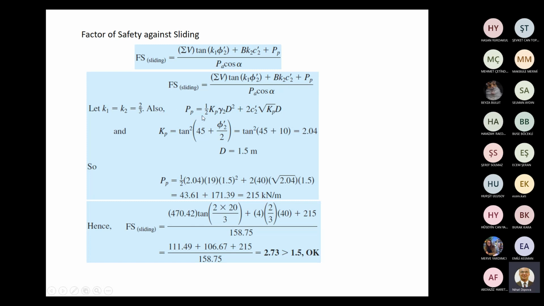Yes, we have to determine passive pressure using this equation. And just putting known values here in safety factor equation. The safety factor is 2.73, and for sliding check 1.5 is satisfactory. The result is greater than 1.5, and it's okay.